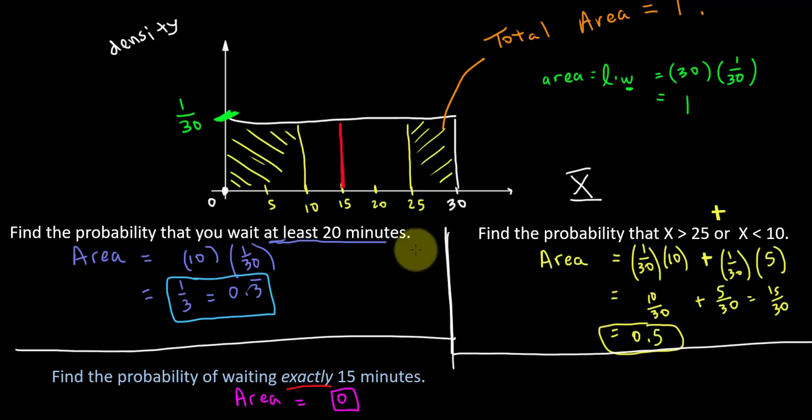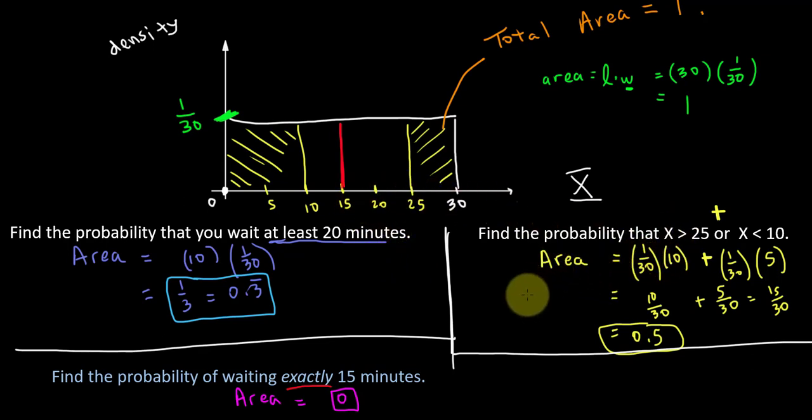But an easier way to think about it is that there's no area when we are considering a precise value of our variable. Contrast that with the previous 2 examples. These encompassed regions, at least 20 minutes. That wasn't just one value, it was a range of values. And same thing over here.